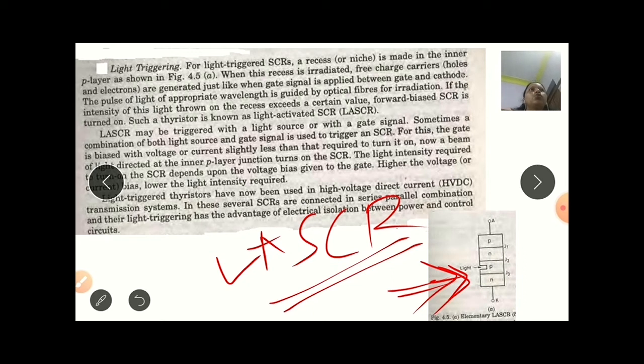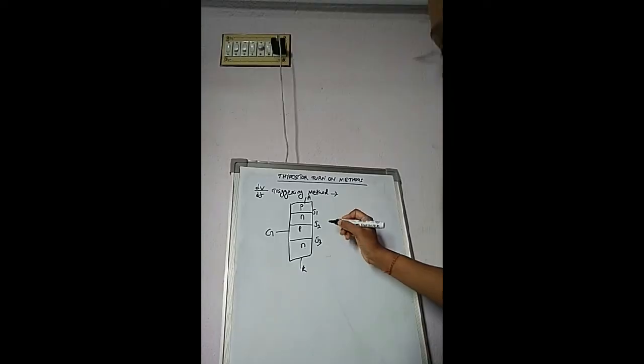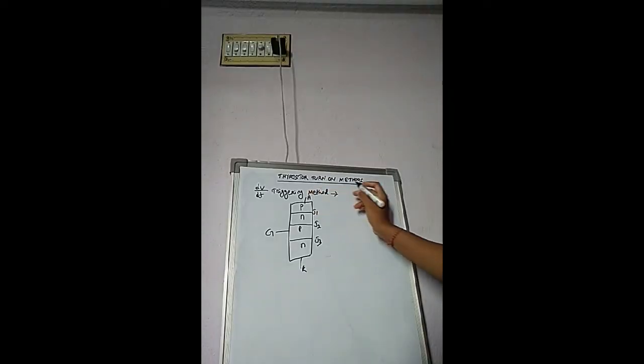So, you understood clearly the brief description of dv/dt triggering, temperature triggering, and light triggering. Now let's go to the detailed explanation part. Let's start with the thyristor turn-on methods.